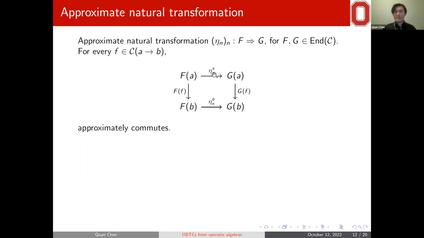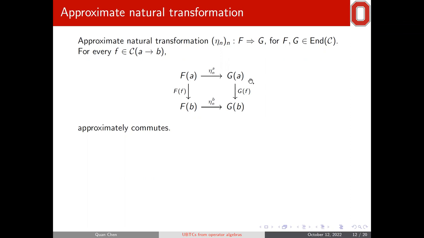All right. So I'm not saying that each eta n is a natural transformation. I'm not saying that. I just say this diagram, for each A and B and the morphism f from A to B, and here we don't want f being a sequence, just a single morphism, this diagram approximately commutes. All right. So far, so good.